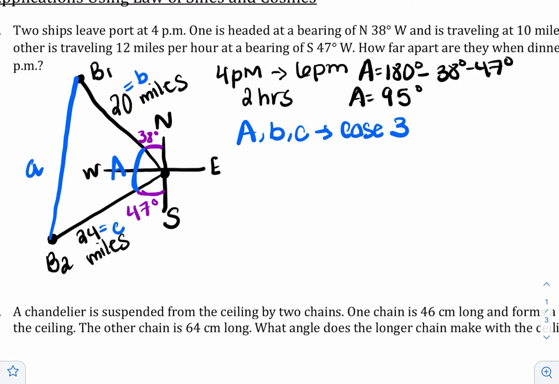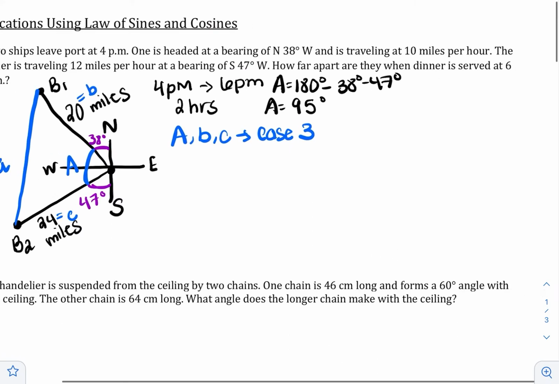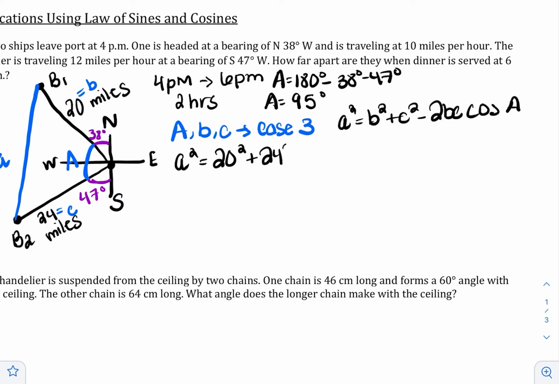So I'm going to use the law of cosines, and I'm going to solve for little a. Let me write the formula here first. a squared is equal to b squared plus c squared minus 2bc cosine of A. So let's plug in. a squared is equal to 20 squared plus 24 squared minus 2 times 20 times 24 cosine of 95 degrees.